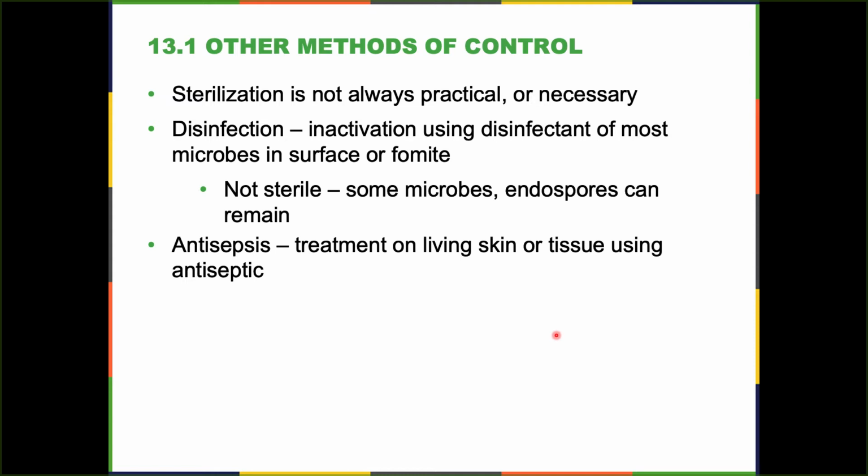And typically here, when we're talking about most microbes, we're talking about things like pathogens, right? So we have identified the problematic microbes, whether they are pathogens, whether they are just things that might spoil things, right? We know that these guys are going to be around, right?